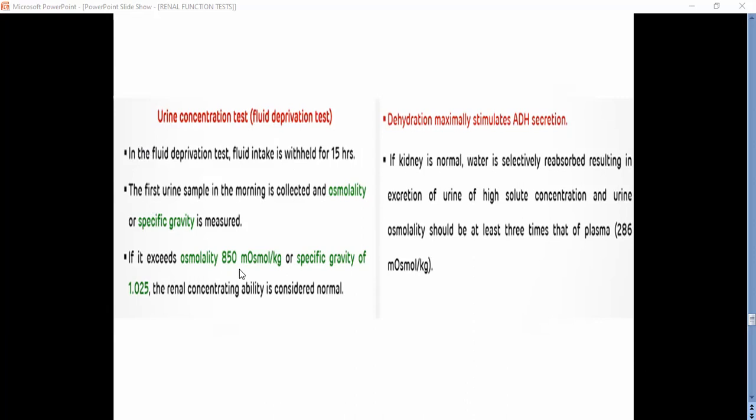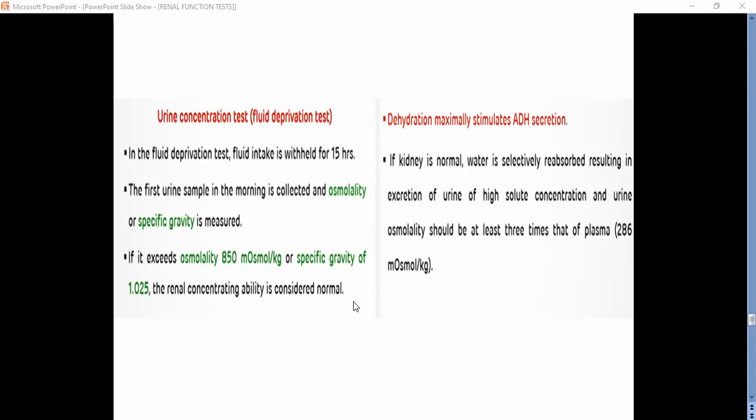If it exceeds osmolarity 850 milliosmoles per kg or specific gravity of 1.025, the renal concentrating ability is considered normal. That is the basic level of 850 and 1.025.